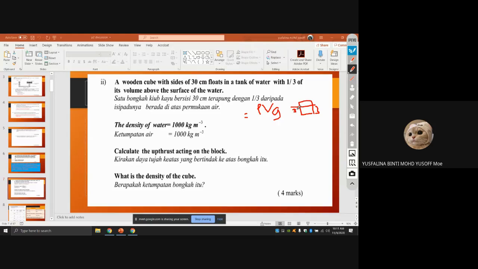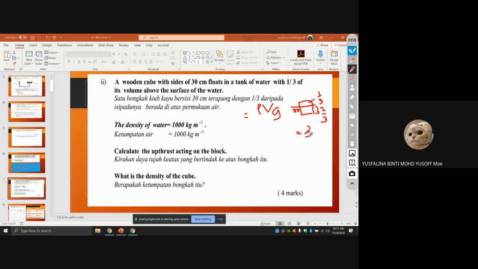And 1/3 of its volume is above the surface, so this part is 1/3. The volume under the water should be 2/3, because 1/3 is above the surface of the water, so 2/3 must be below the water.